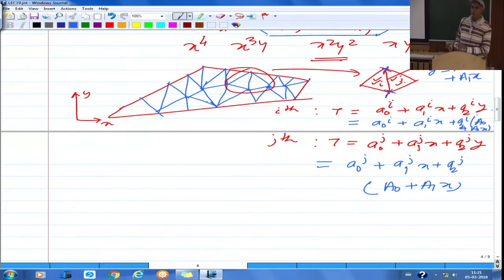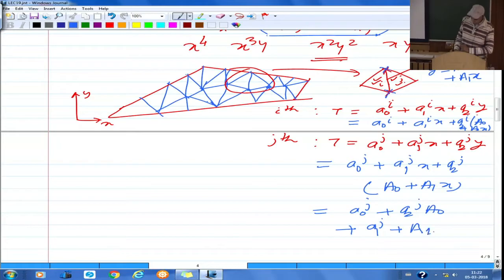Now if you look at the resulting expressions, the constant terms are A0j plus A2j into A0, this is a constant term. Plus if you look at the linear term, you have A1j into x, and then A2j into A1 into x.